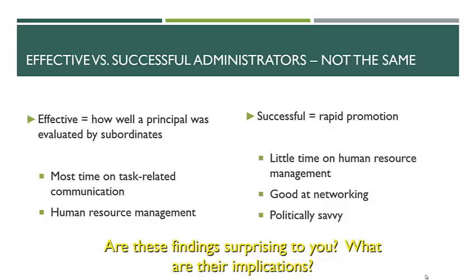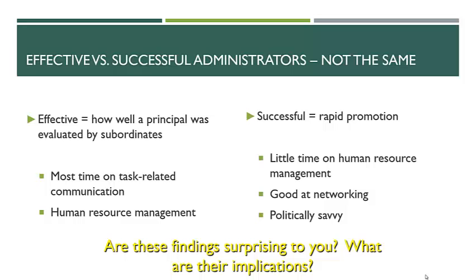I think that as school leaders become more accountable for the activities within schools, these quote-unquote successful principals, these principals who rapidly rise through promotions, are going to be less and less, because accountability is forcing us to look at results, and we want to look at effectiveness.